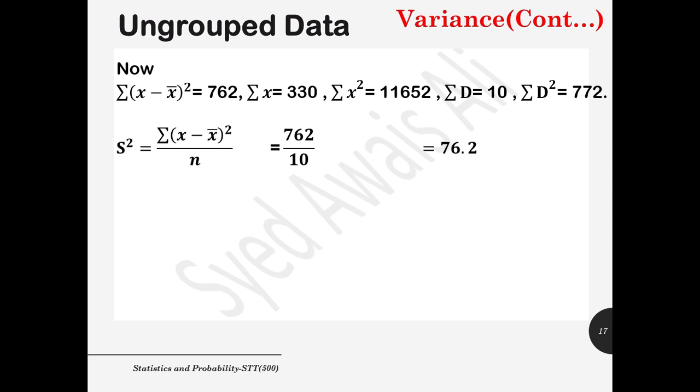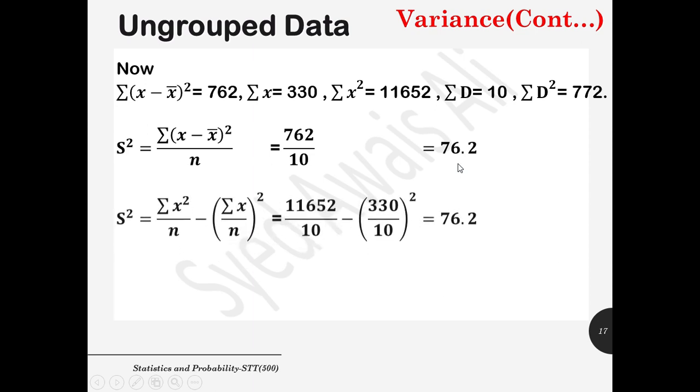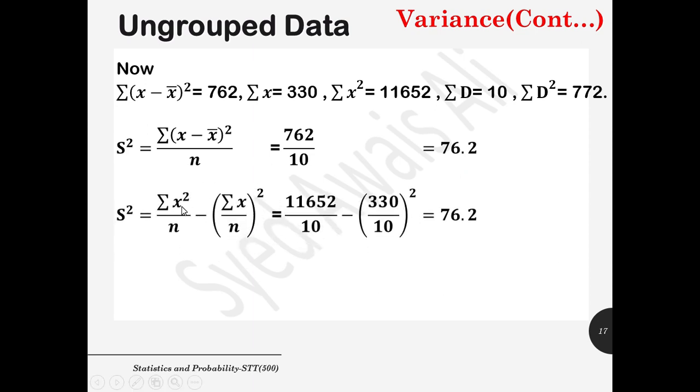In first formula we have summation x minus x bar whole square divided by n. That means 762 divided by 10, that will give you 76.2. Then in our next formula, s square is equal to summation x square divided by n minus summation x over n whole square.